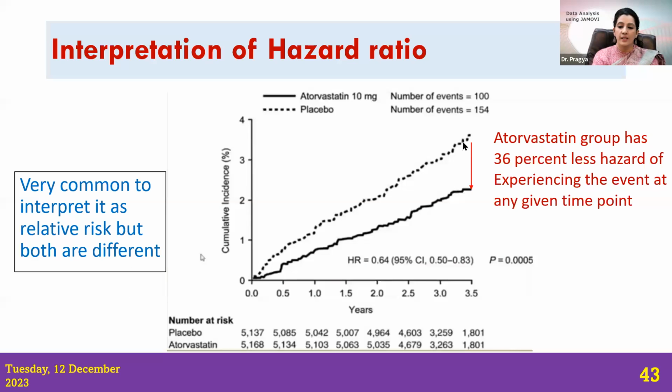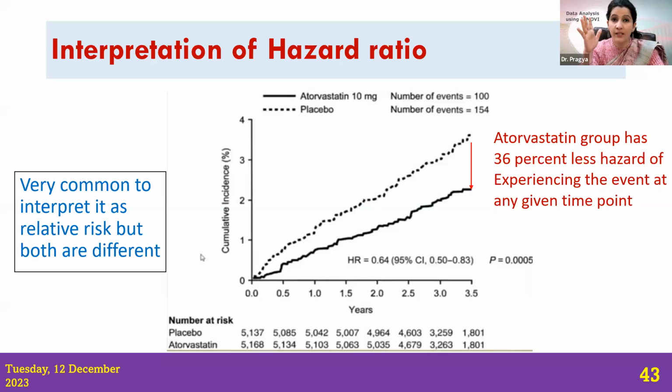So here, if you see the hazard ratio, what is the ratio? Ratio is 0.64. So the formula which we have given, you have to deduct 1 from this. So 0.64 minus 1, the value will be negative, multiplied by 100. So 0.36 multiplied by 100 will be 36%.